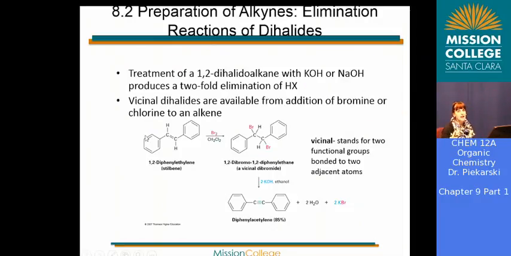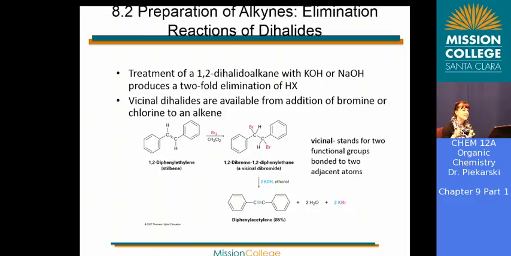So remember, when I start teaching you a new functional group, I always show you how to make them first and then all the reactions thereof. So just like alkenes, the way we prepare alkynes is through elimination reactions. But instead of just using an alkyl halide, we have to use a dihalide. Okay? So if we treat a 1,2-dihalidoalkane with KOH or sodium hydroxide, which are what?